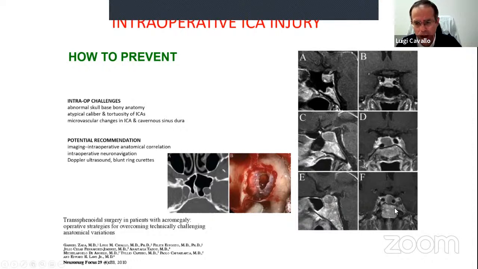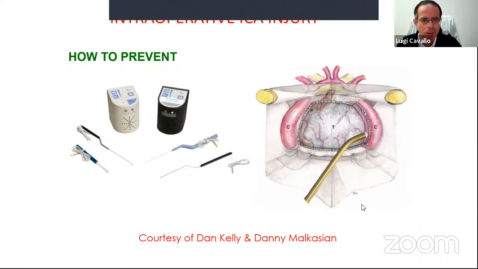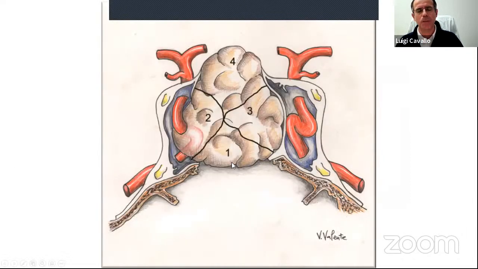So always check the position of the carotid artery, not only at the level of the sella, but also along the floor of the sphenoid sinus, because it's not so rare to have a prominence of the petrous portion of the carotid artery inside the sphenoid sinus. For this reason, it's very good and useful to use the microdoppler probe.